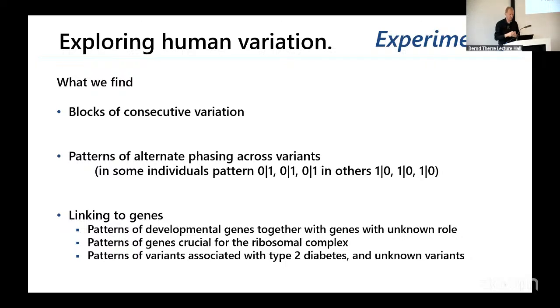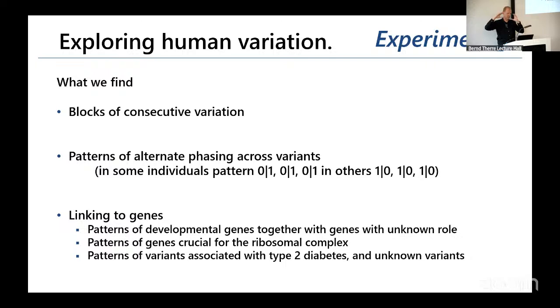So that's what we find. We find alternate phasing: if you have this mutation, you don't have that one, or vice versa, because having both at the same time is not going to give you a good time. We find patterns like that. We also find patterns that link developmental genes, and this is really cool.